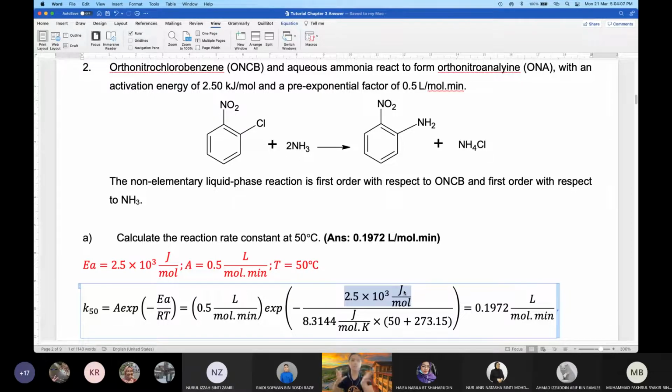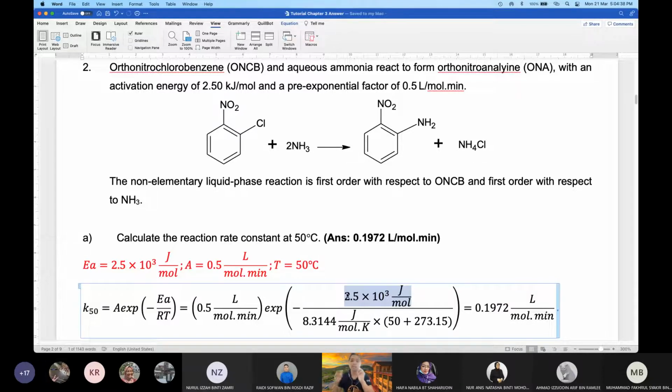So for Arrhenius equation, or basically for energy, melibatkan part pengiraan tenaga, R dia kamu ada dua sahaja. Either 8.3144 joule per mole Kelvin or 1.987 calorie per mole Kelvin. Either way pun dia ada calorie atau dia joule. Okay, so kalau soalan beri kamu the EA in the form of kilojoule, just remember you must convert to joule.